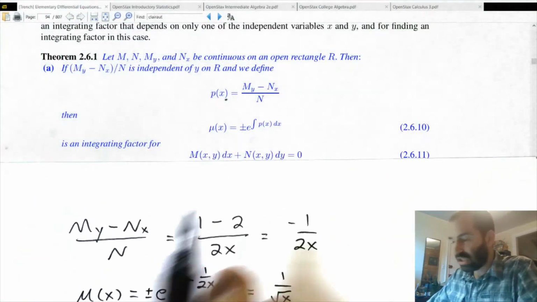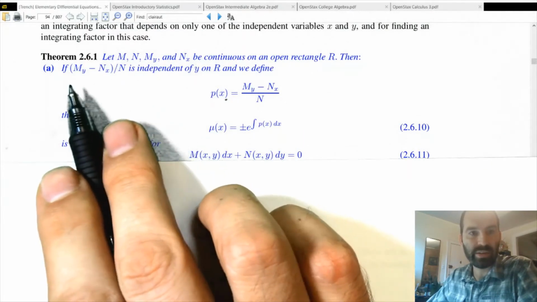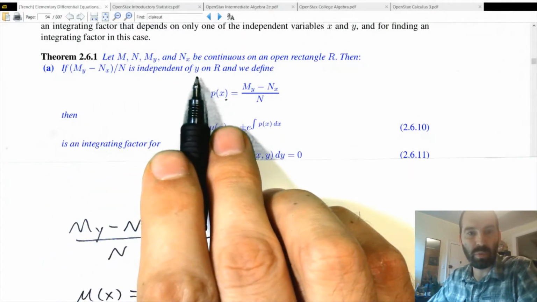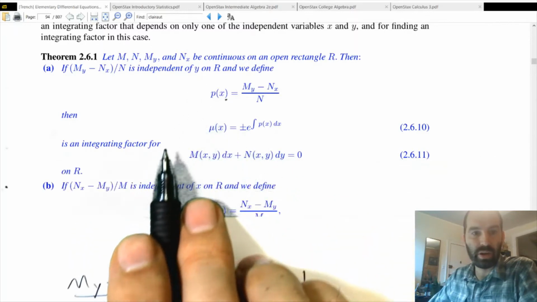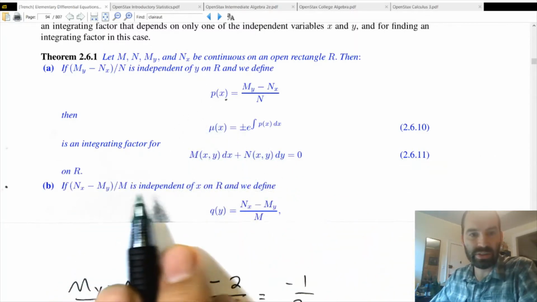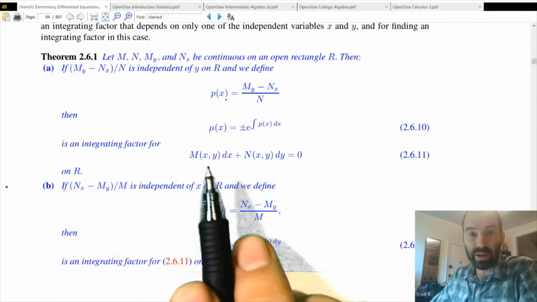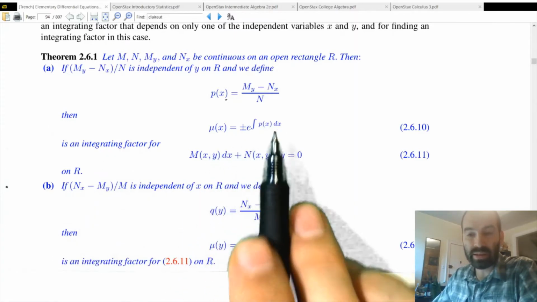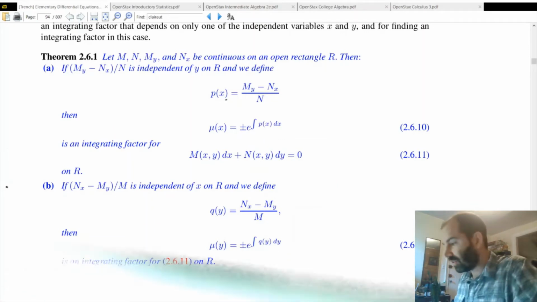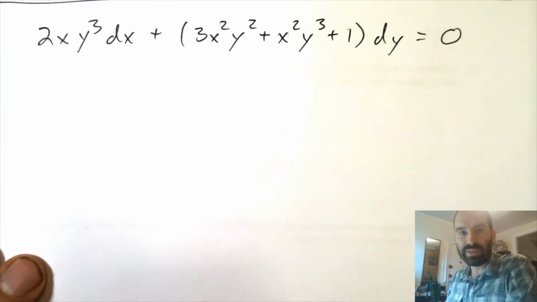It says to check this thing and see if it's independent of y. And if that doesn't work, we're going to check this guy and see if it's independent of x. Whichever one works out, we're going to let mu be e to the antiderivative of that guy.